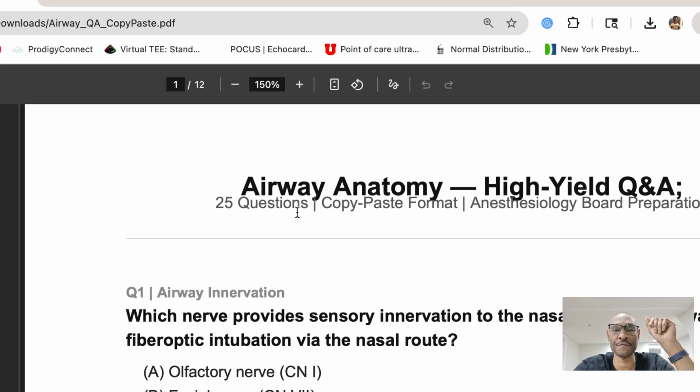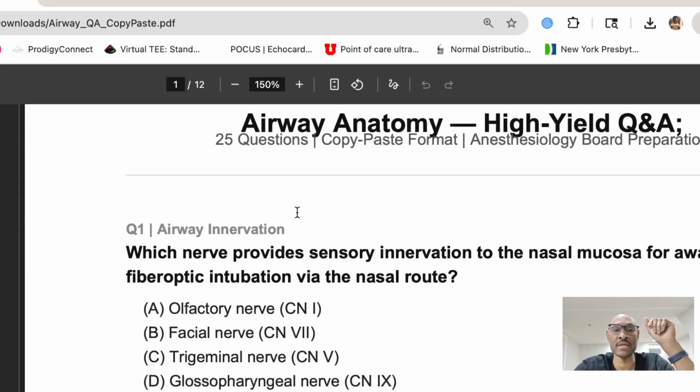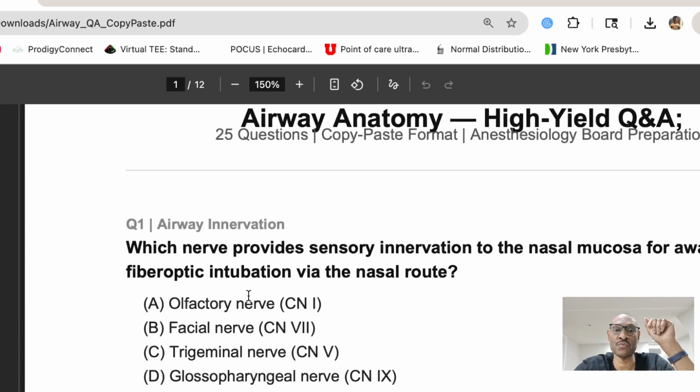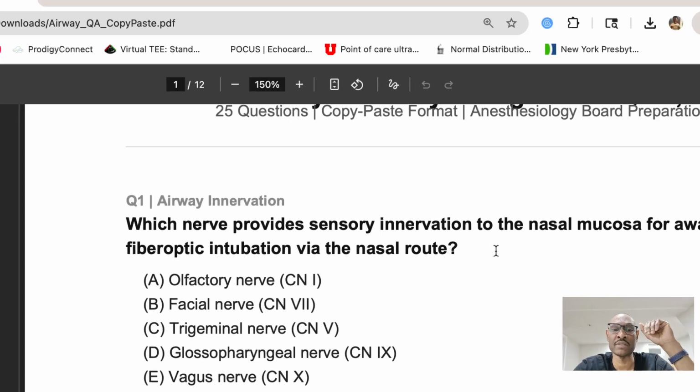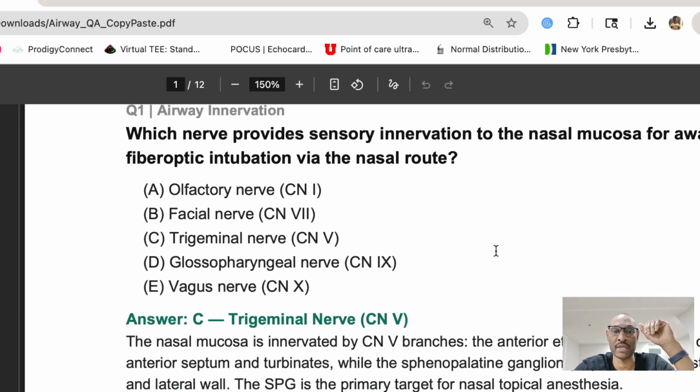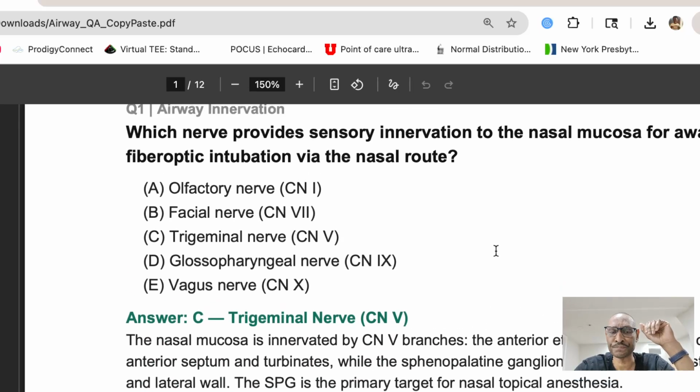Based on the first question, here are some more questions. Which nerve provides sensory innervation to the nasal mucosa? We went through that and understood it was the trigeminal nerve. Here's some more information on the anatomy. The nasal mucosa is innervated by cranial nerve 5, which is broken up into three components: V1, V2, V3.